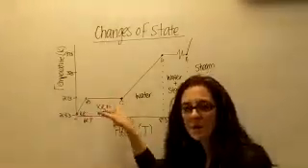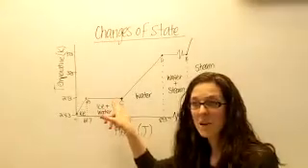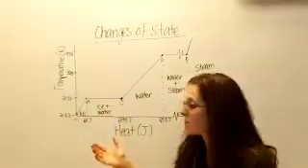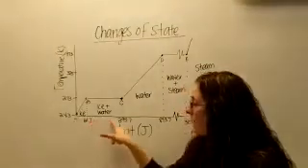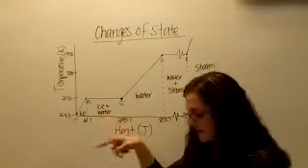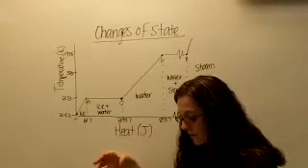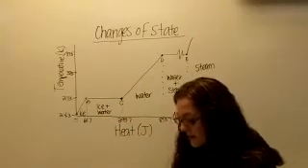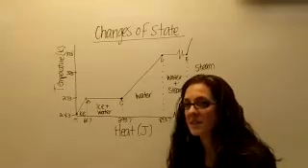But what's happening to my temperature? It's staying the same. How can you add heat but temperature stays the same? Good question. All of this heat that is being added is being used to overcome the forces that are holding all of the particles together in the solid state.